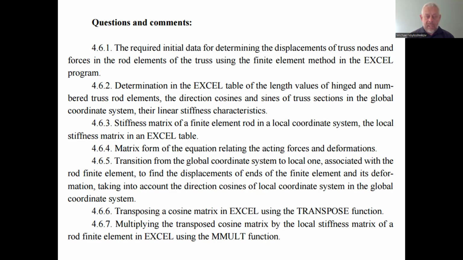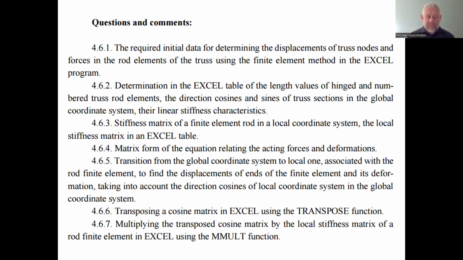In other case, if you consider, for example, a frame with not hinged connections but with rigid corners of the connection of the finite elements, that is the rods of the mechanical system, the stiffness matrix can be 3 by 3, because for the frame we have to consider the bending as well, because rigid corners transmit the bending moments too.